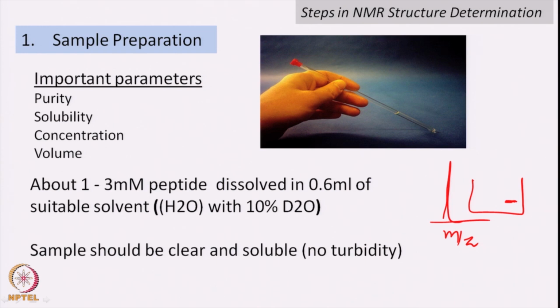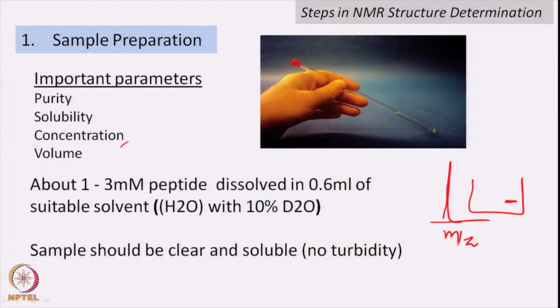Next is solubilizing. You have to choose an appropriate buffer and the concentration has to be decent enough. As we now know, NMR is one of the insensitive techniques: whereas other techniques require just micromolar, like 10 micromolar, in NMR you need a few hundred micromolar or maybe even millimolar concentration.